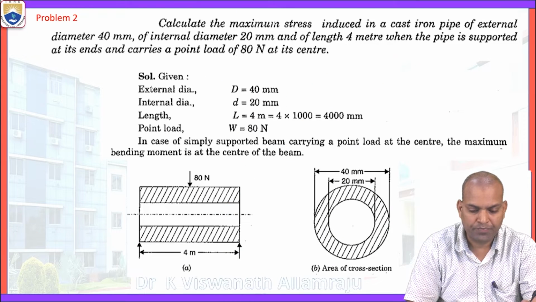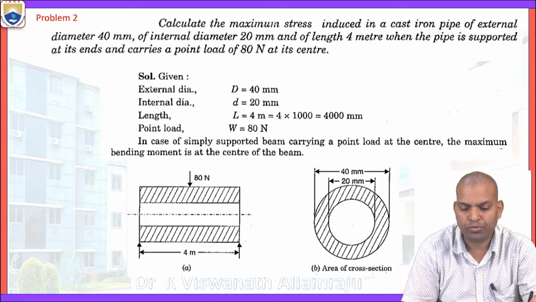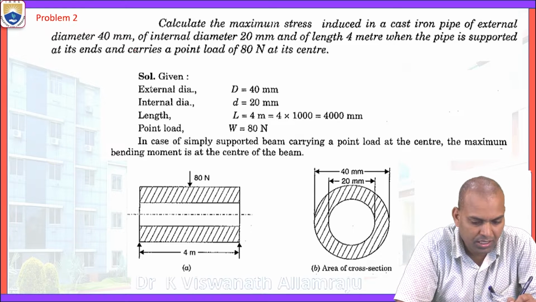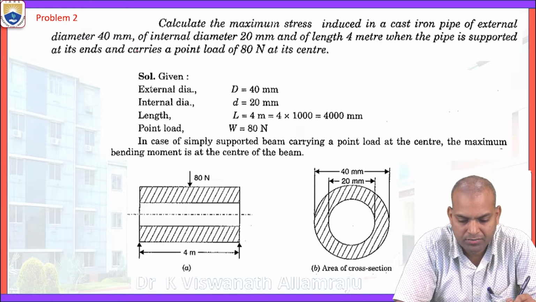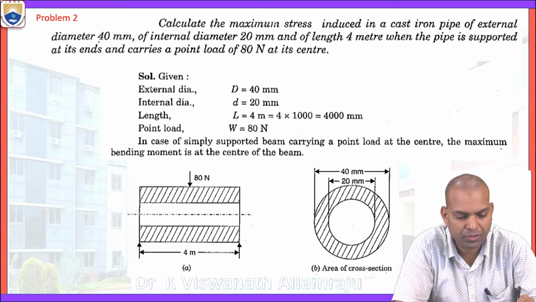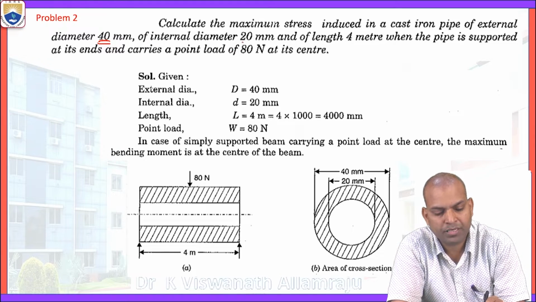Coming to the next problem, here it is the problem related to the hollow component. So it is a hollow iron pipe. Calculate the maximum stress induced in a cast iron pipe of external diameter 40 millimeters and internal diameter 20 millimeters, and of length 4 meters.